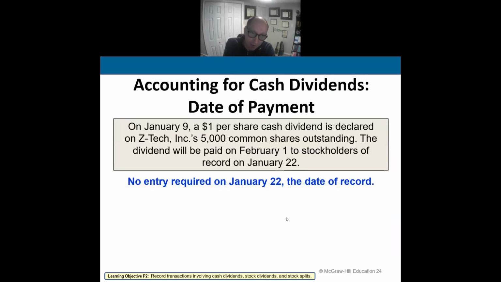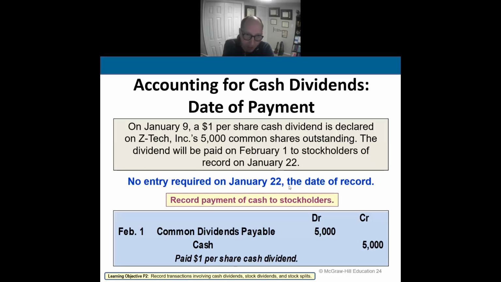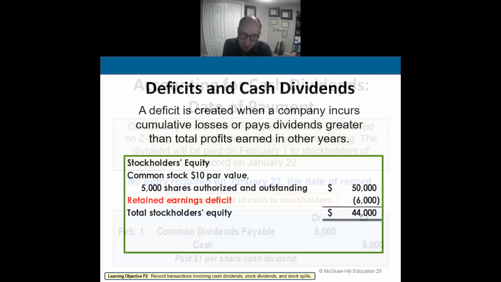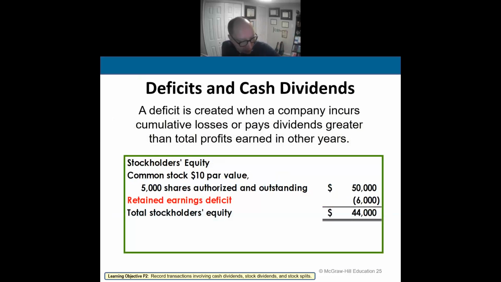Then on January 22nd, I identify who's still on my roster, who still owns the stock. There's no entry required for that, but it's just important to know the dates. But on February 1, I'm paying my dividends. So I debit common dividends payable to reduce my liability, and I credit cash to reduce my cash. These are the types of transactions that we would make to show when we decided to pay the dividend, and of course when we paid.